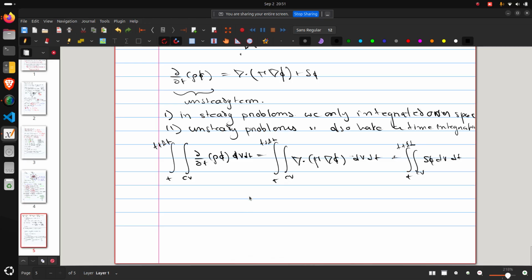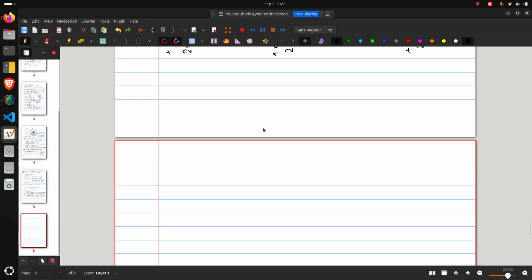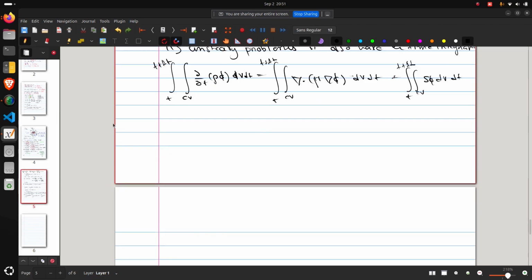Okay, so now let's look at the unsteady term. Looking at the unsteady term, we can just interchange the integrals, right? We can take the time integral inside and do the volume integral outside. So it will be something like this: control volume, integral from t to t plus delta t of ∂/∂t of ρφ dt, dV.